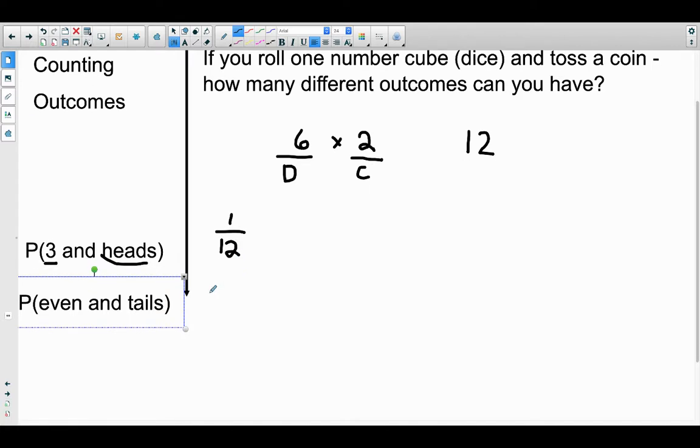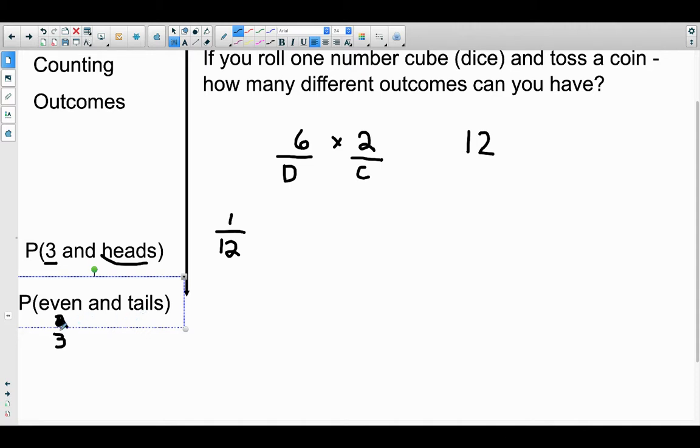How about my probability of evens and tails? Well, for my evens, I have 2, 4, and 6. Oops, 2, 4, and 6, that's 3. And tails, there's only one type. Tails I can do with the coin.